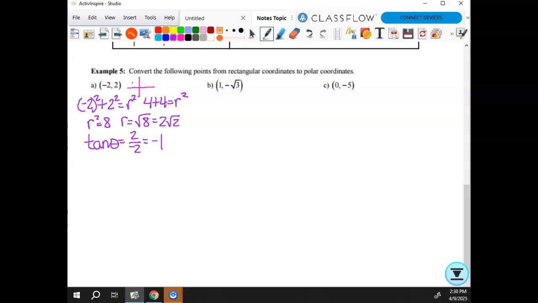Which quadrant do I want this to be in? Second, right? So what reference angle, what first quadrant angle gives me a tangent value of 1? Pi fourths. So then I need my second quadrant pi fourths angle. What's that? 3 pi fourths. So that means that my ordered pair is 2 square root of 2, 3 pi fourths.